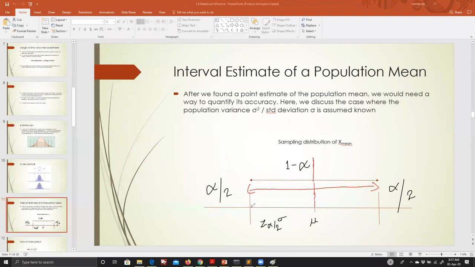So there is an acceptable range, and you need to know these two points. You write it as x bar, the average, plus or minus a Z value determined by alpha by 2, times the standard deviation of the population. Alpha by 2 is used when you calculate on both sides, which is called a two-tail problem. This is called the interval estimate of the population mean.